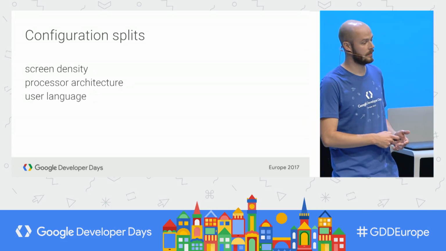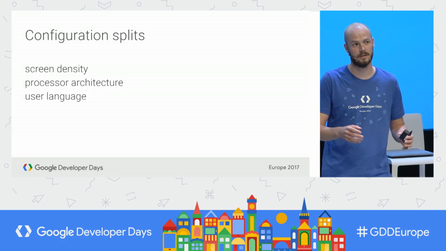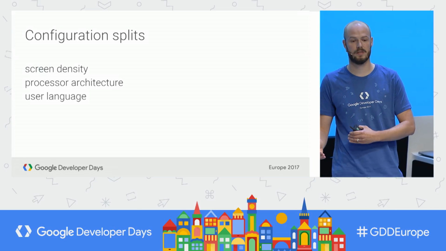The cool thing about that is that you don't ship all the resources and all the drawables and everything to the user, but the experience is tailored to the user's device. So an HDPI device with English language would only get HDPI resources and the English language. Same goes for processor architecture.